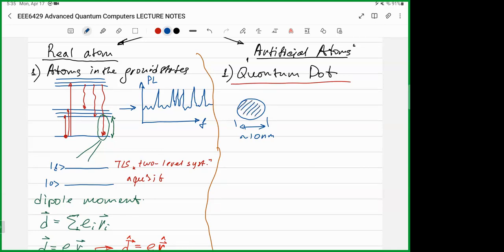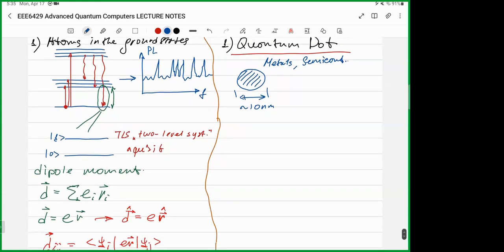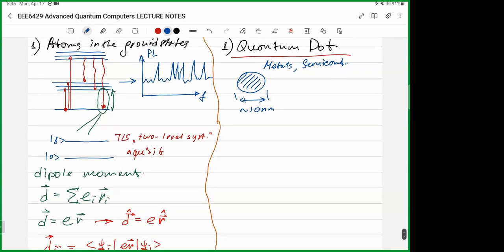And the material here would be some metals and semiconductors, like silicon, germanium, gallium arsenide, many different semiconductor materials, presumably semiconductors.